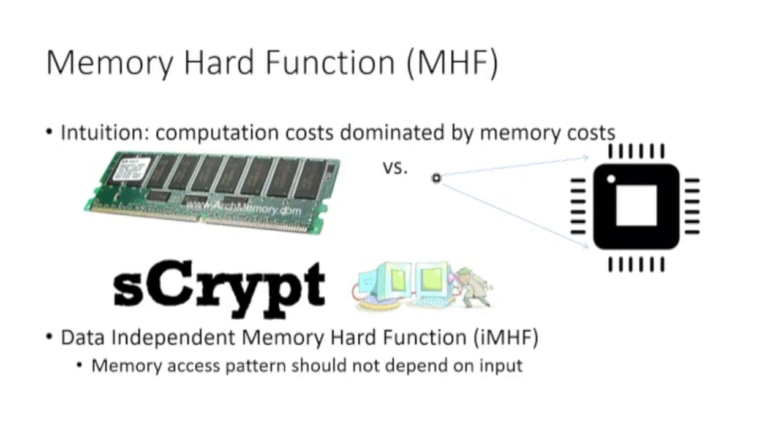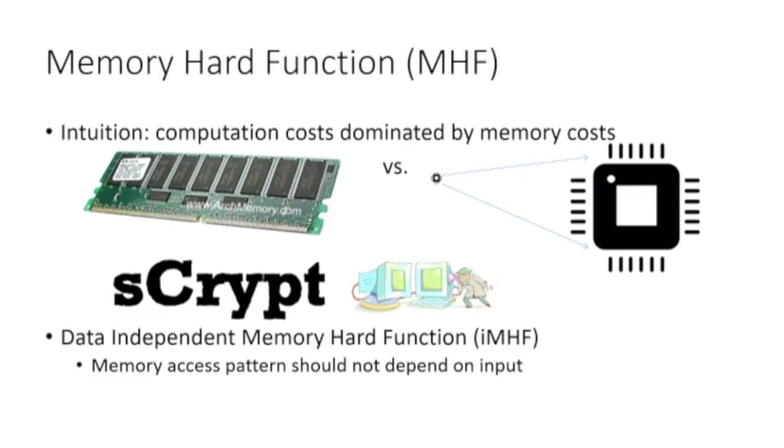So for most of the talk, I want to tell you about an object called data-independent memory hard functions. What does data-independent mean? Data-independent means that the memory access pattern is the same regardless of input. So whatever input you give to the hash function, the memory access pattern is going to be the same.